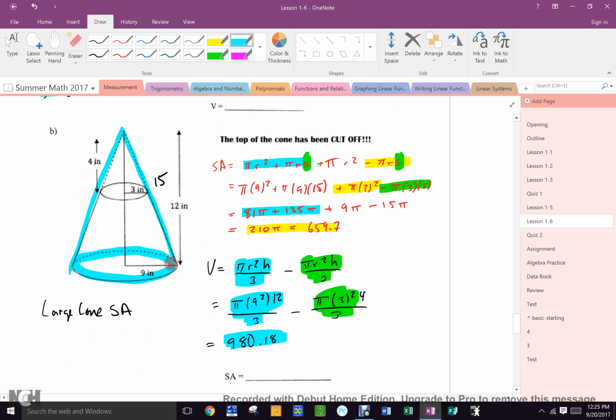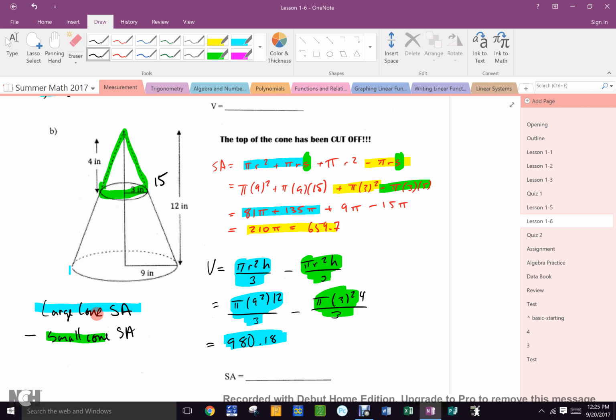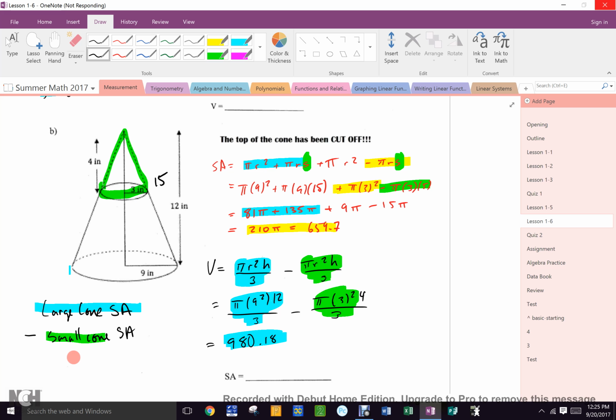So that's what I started with. But then I cut off, so I subtracted the small cone surface area, which I'll do in green. But you'll notice that it's frozen, computer.